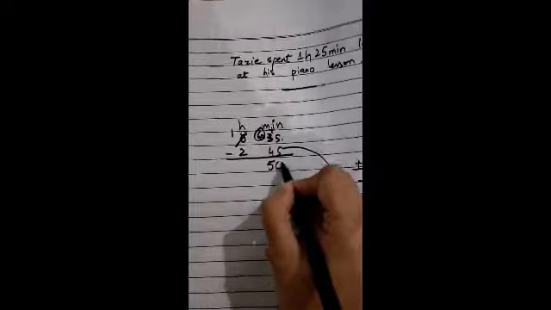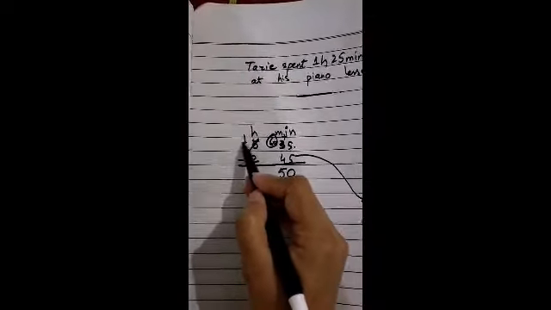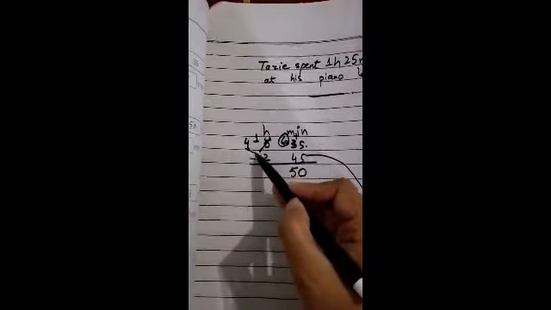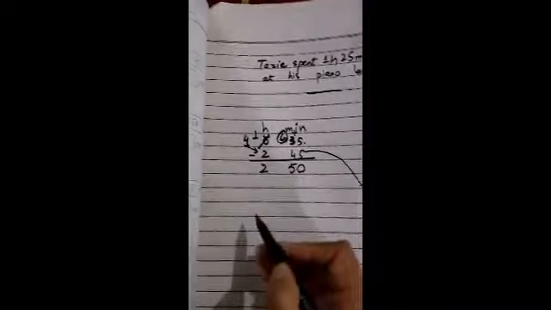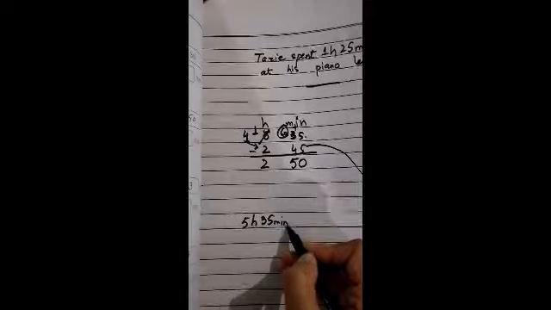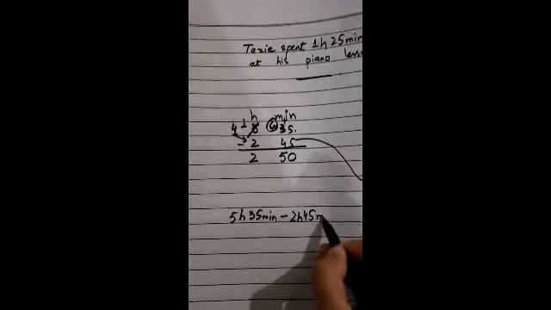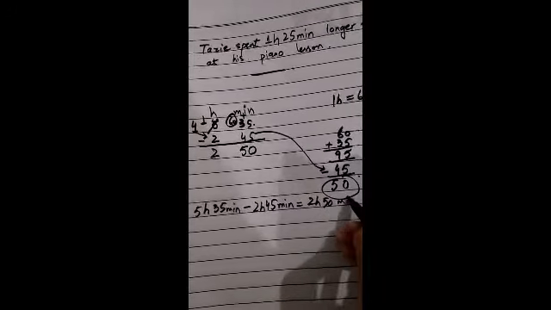Write your final answer over here. 50. Now you have taken 1 hour and what are the remaining hours? That is 4. Now you will subtract 4 and 2. 4 minus 2 is 2. That means if you subtract 2 hours and 45 minutes from 5 hours and 35 minutes, the final answer is 2 hours and 50 minutes.